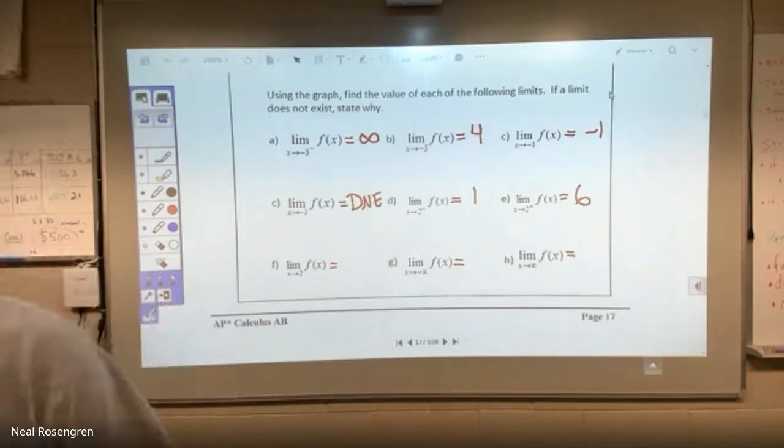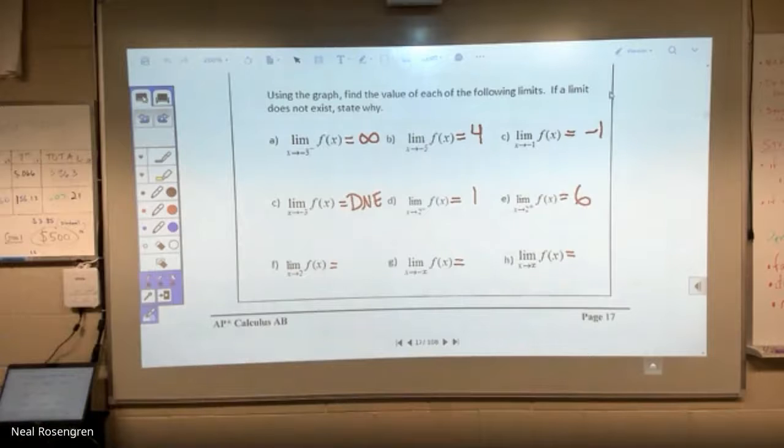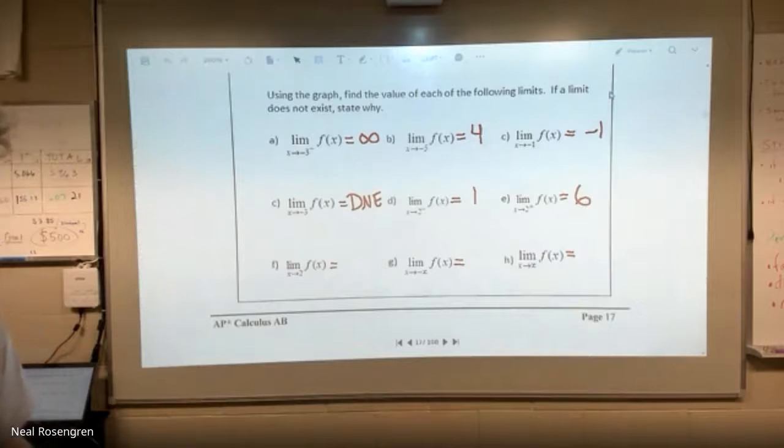Second row is done, so take a look when you're ready. Of course, feel free to work at your pace, though.